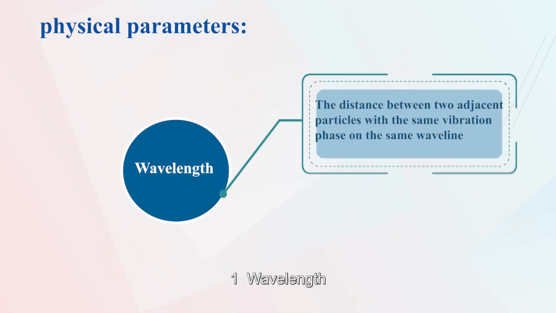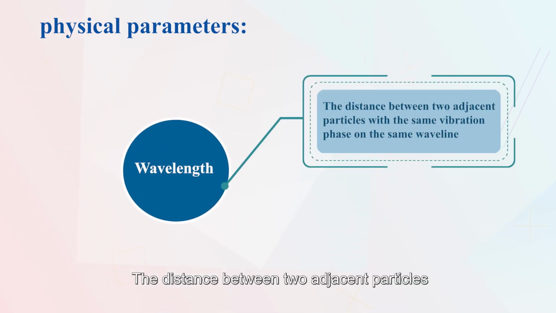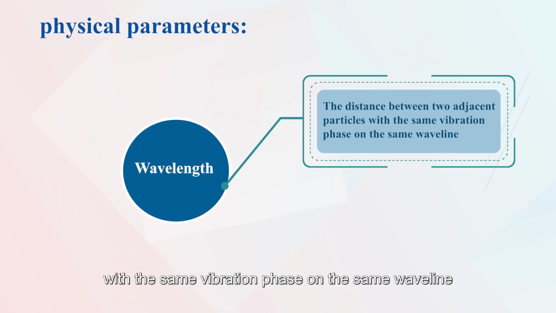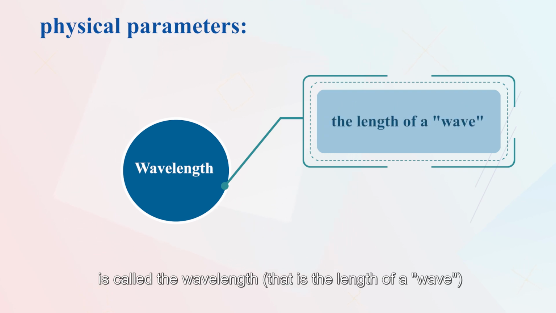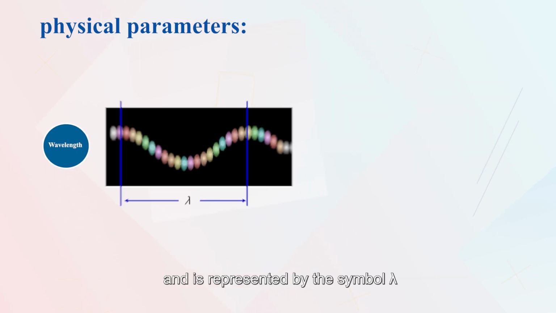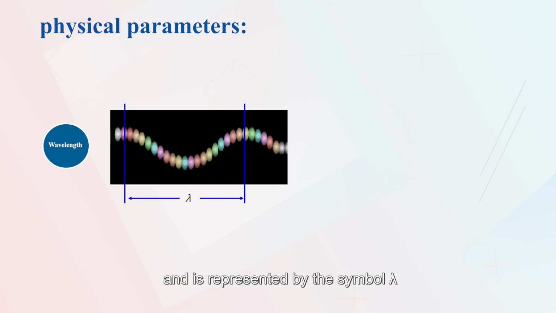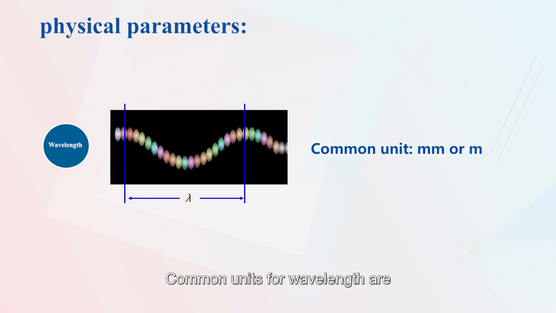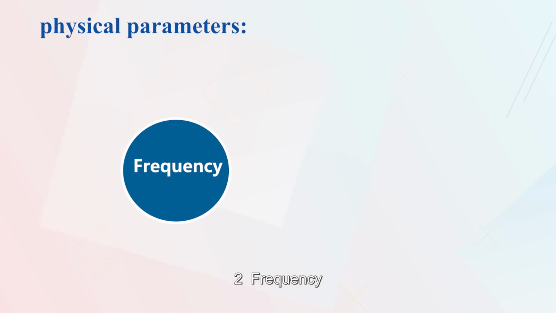When describing the laws of mechanical waves, we usually use the following 3 physical parameters. 1. Wavelength. The distance between 2 adjacent particles with the same vibration phase on the same wave line is called the wavelength, that is to say, the length of a wave, represented by the symbol lambda. Commonly, units for wavelengths are millimeters or meters, as the picture shows. 2. Frequency.